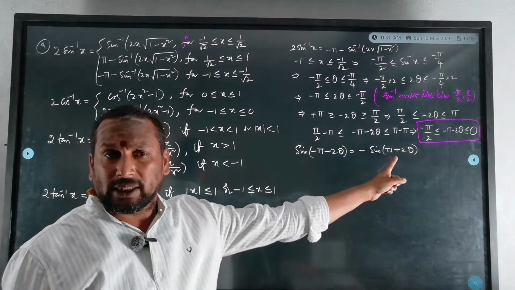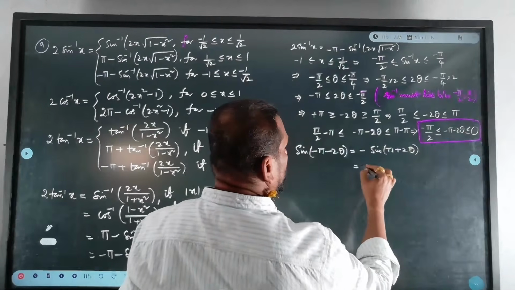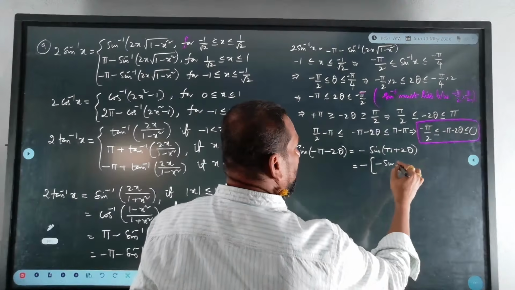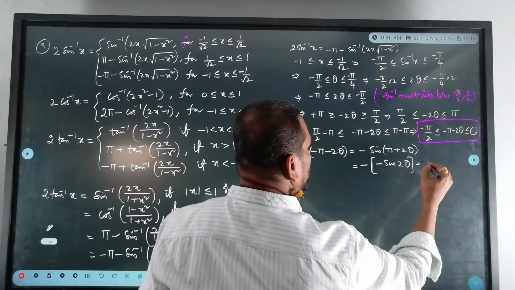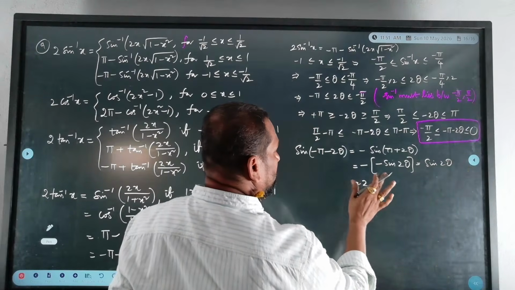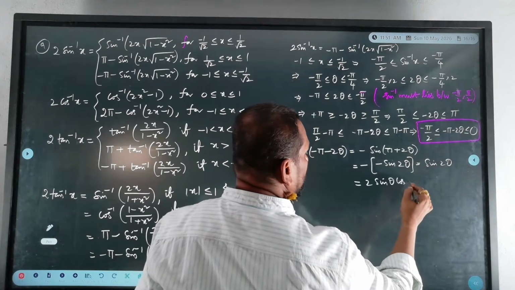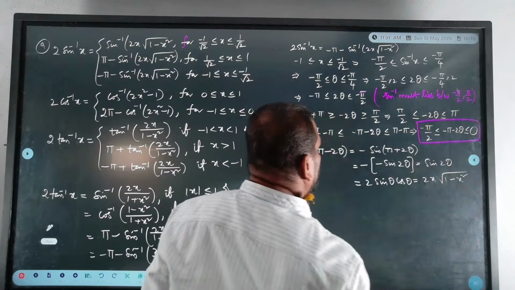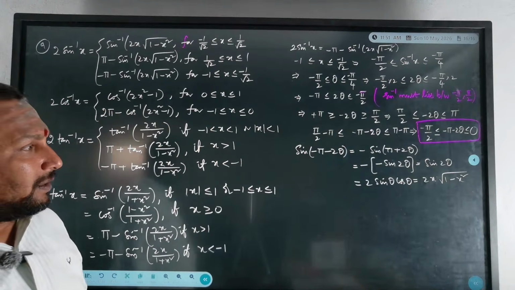Sin of minus theta is minus sin theta, so this is equal to minus of sin 180 plus theta, which is minus sin 2 theta. That is equal to 2 sin theta, 2x root 1 minus x square. Understood or not?